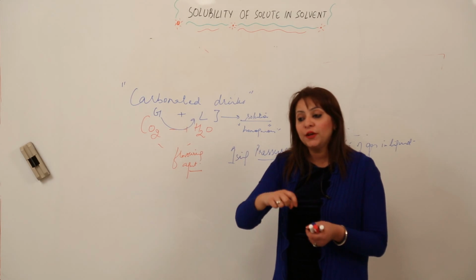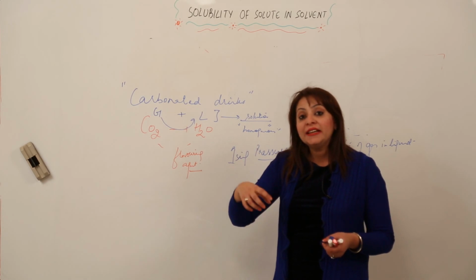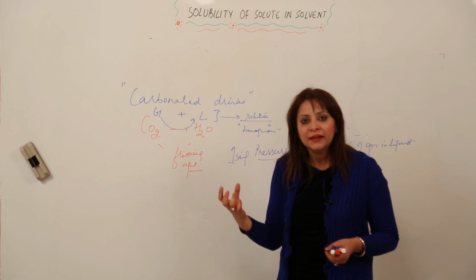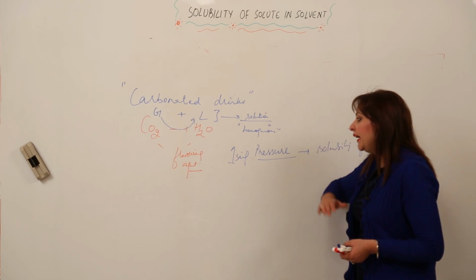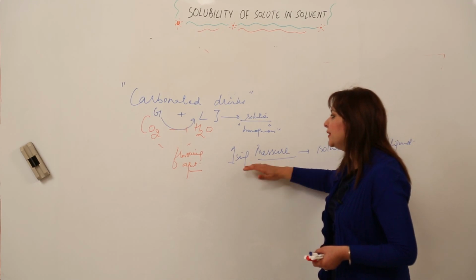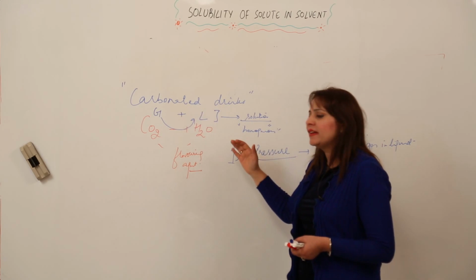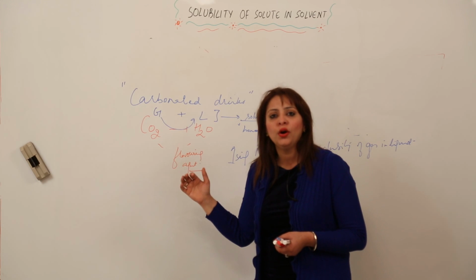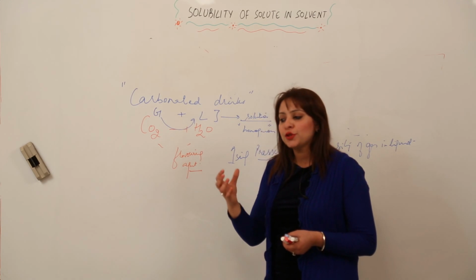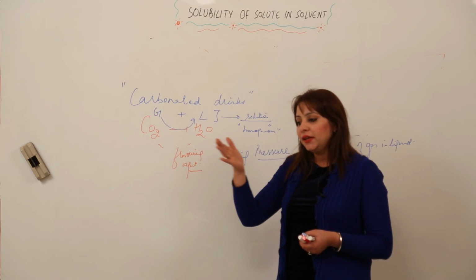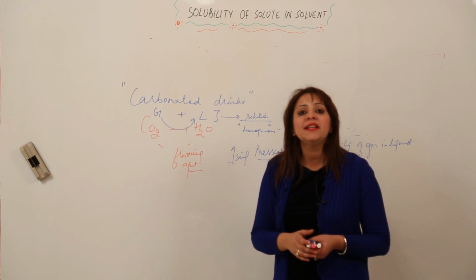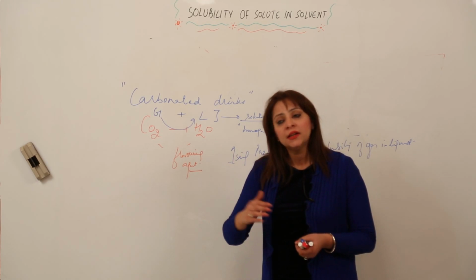That is why whenever you open it, you see gas coming out from the cold drink, right? So by increasing the pressure, the solubility of gas in liquid is increasing. It is also stated in higher classes by Henry's law, which states that the mass of gas dissolved at a given temperature in a given solvent, in a given liquid, depends upon the pressure.